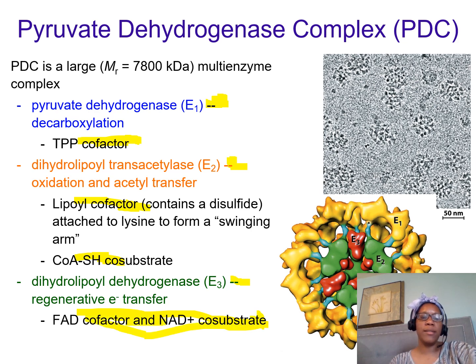So again, this is just to point out how massive this complex is, and that not only is it massive on its own, it also employs 5 different coenzymes, and that's TPP, lipoate, coenzyme A, FAD, and NAD+.